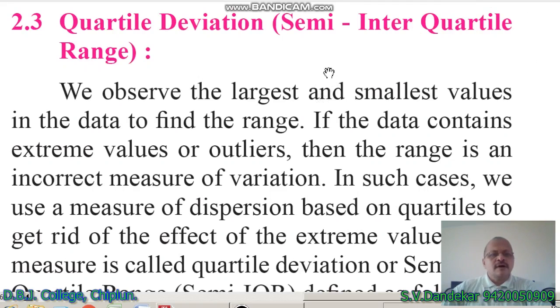Many times range is not a suitable measure of dispersion. For example, if you consider scores of a batsman, then making a triple hundred is a very, very rare phenomenon in cricket. You know that.